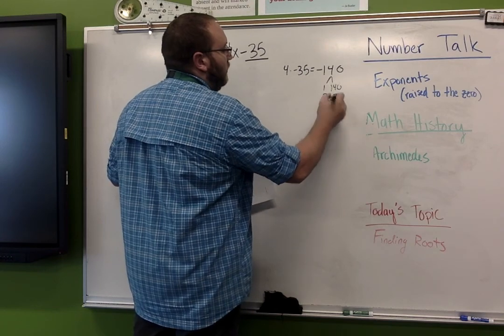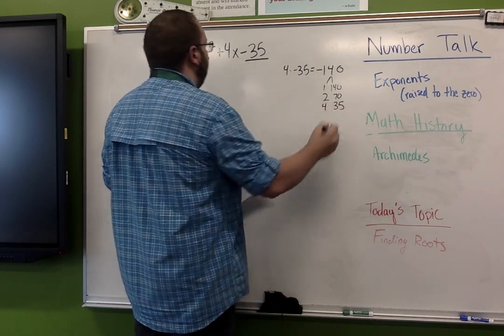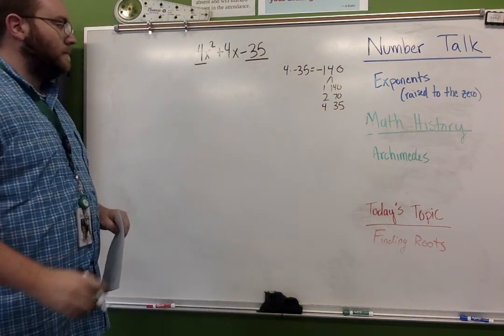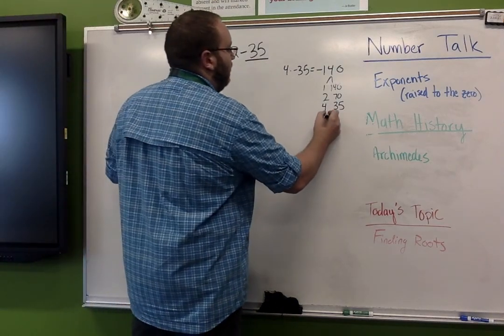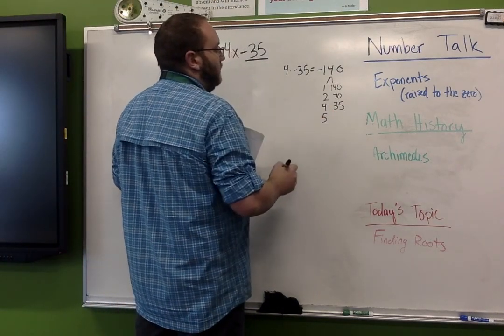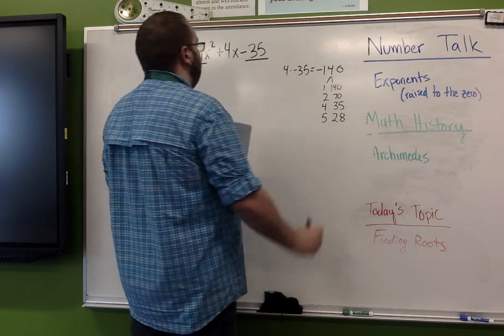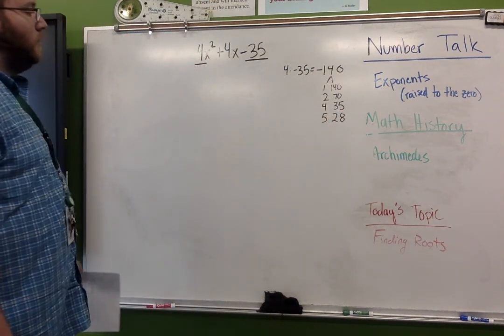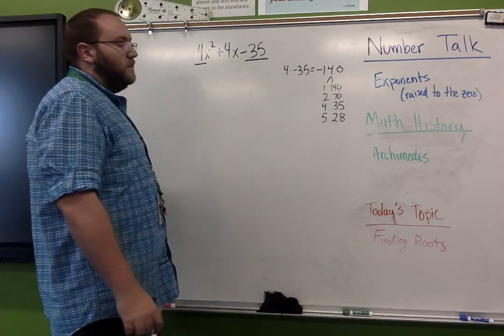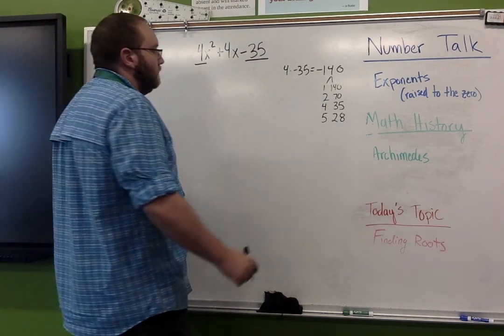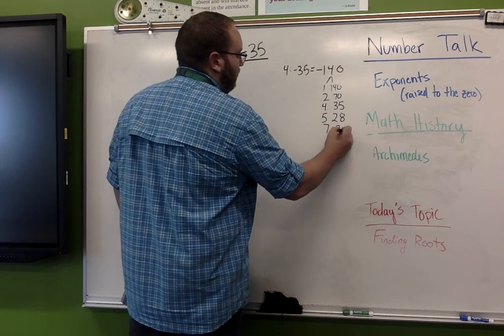That's going to be 35. No, still nothing. 5 and let's see, 28. That gives us 4? Nope. 6 doesn't go into 140, but 7 does. 7 and 20.